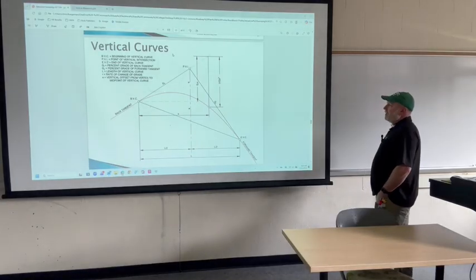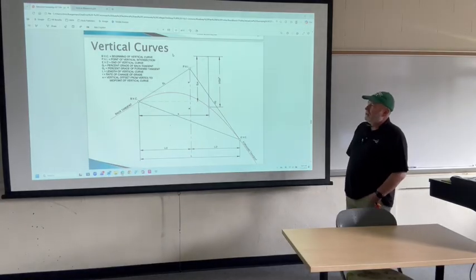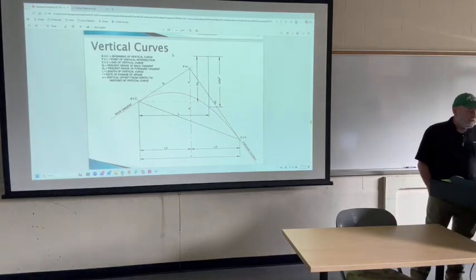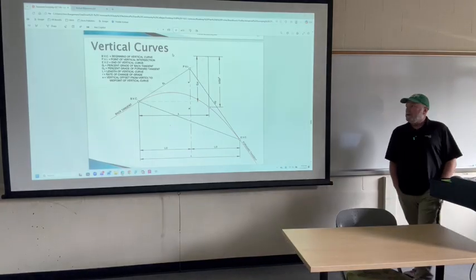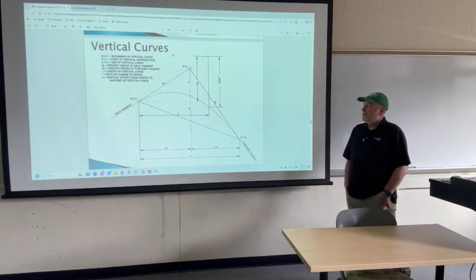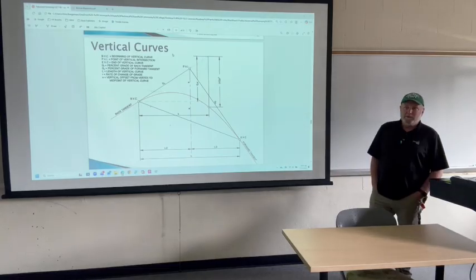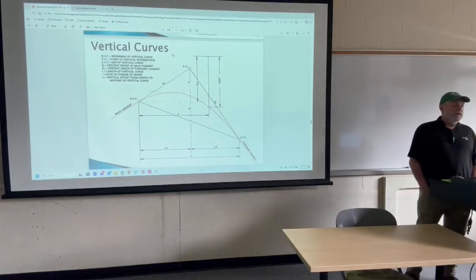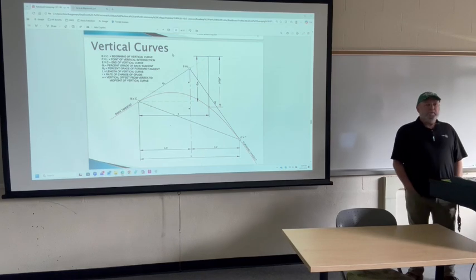G1 is the percent grade of the back tangent. I'm reading too quick. G1, percent grade of back tangent.